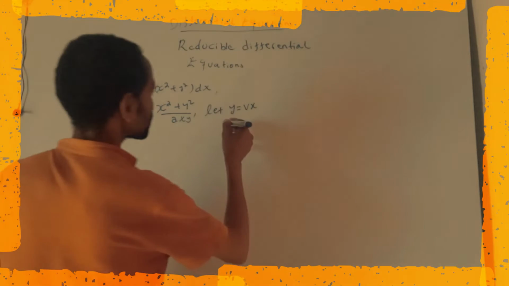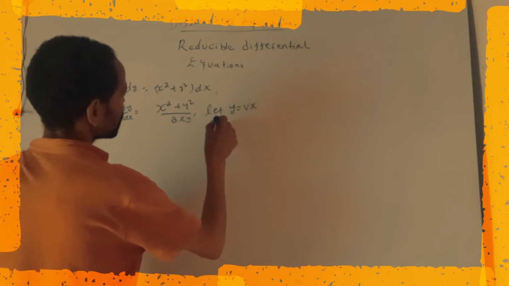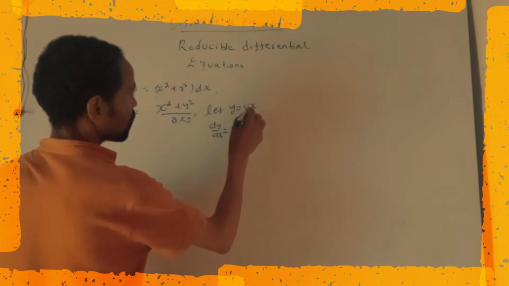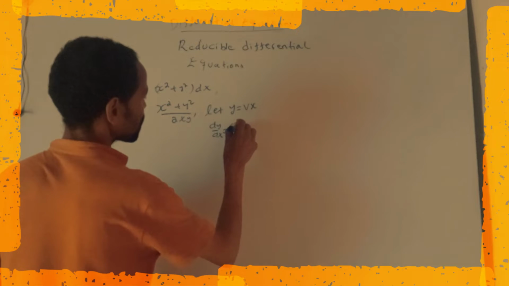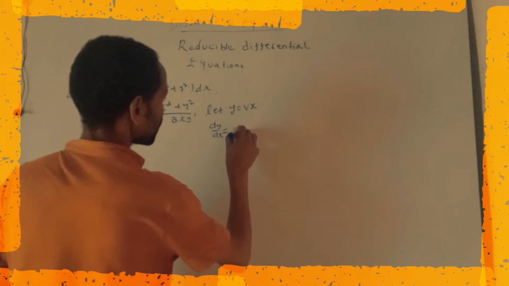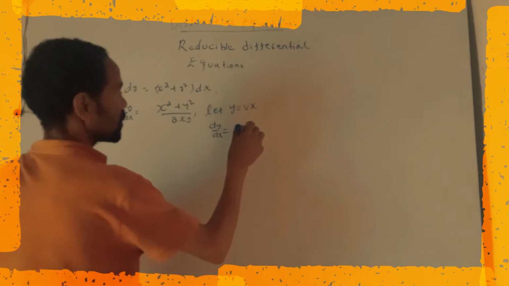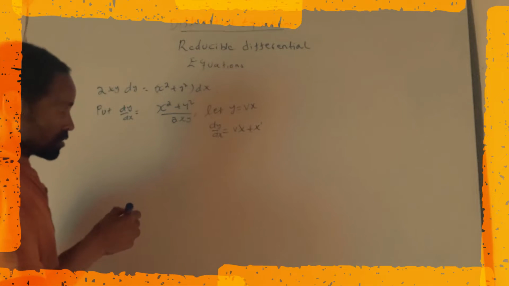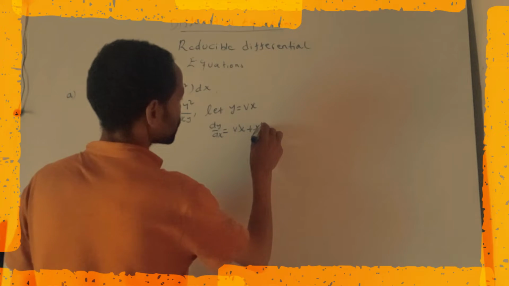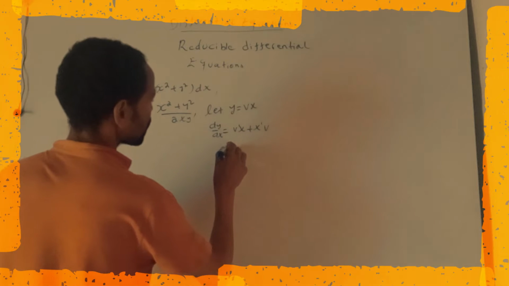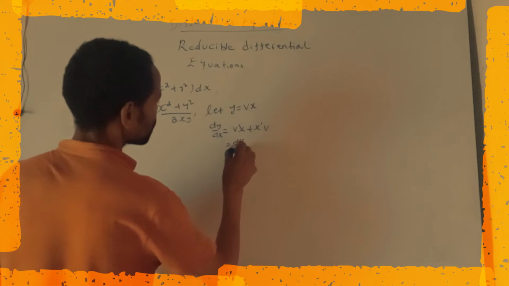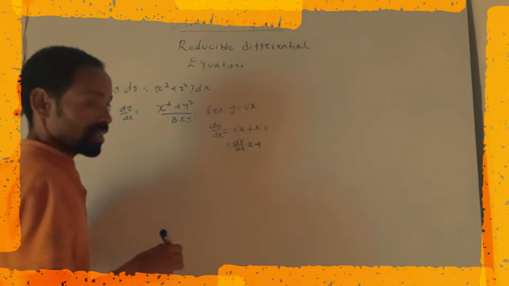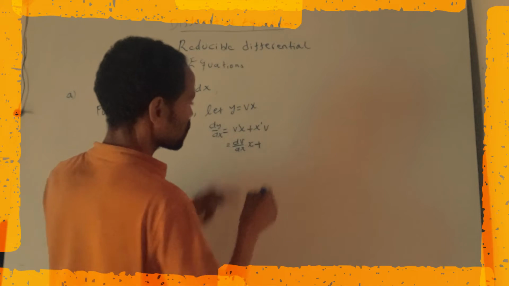Now what is the derivative of this? The derivative is dy with respect to dx, and it uses the product rule: the derivative of the first, v, times x, plus the derivative of x, which is 1, times v.